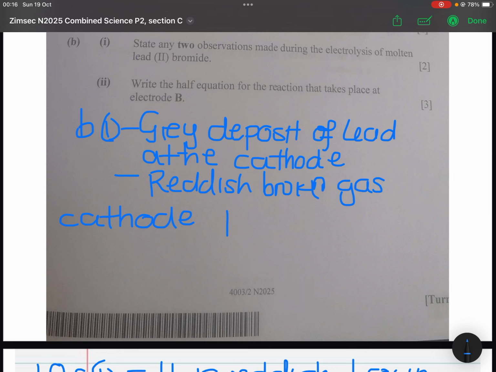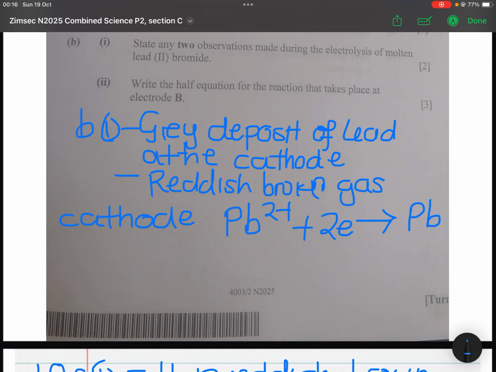So we write Pb2+ plus 2 electrons gives Pb solid. This is a perfect example of reduction. Reduction is the gain of electrons. So lead 2 plus gains 2 electrons to give solid lead.